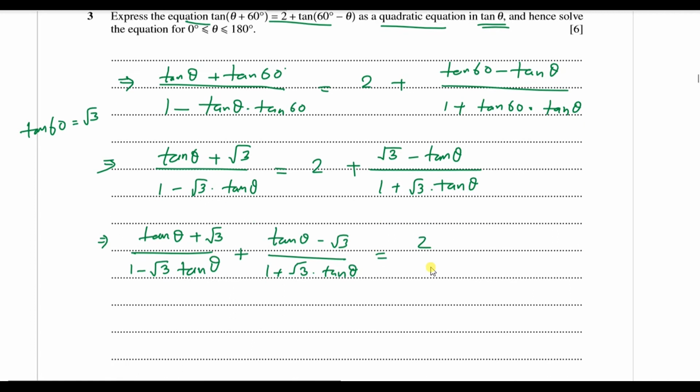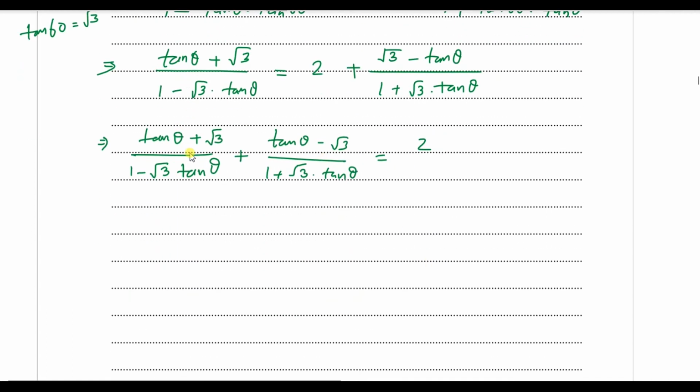Now it is like a plus b over 1 minus root 3 tan theta and a minus b over 1 plus root 3 tan theta. So we'll take the LCM, and it is (a minus b)(a plus b), so it is a square minus b square, so root 3 tan theta whole square. We'll cross multiply here, and we'll get tan theta plus root 3 into this, and I'm multiplying it directly.